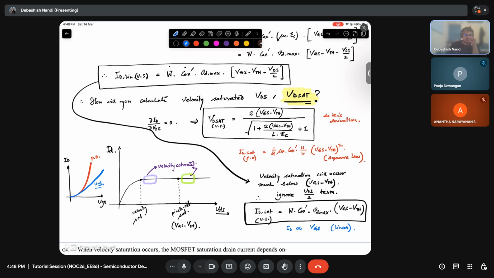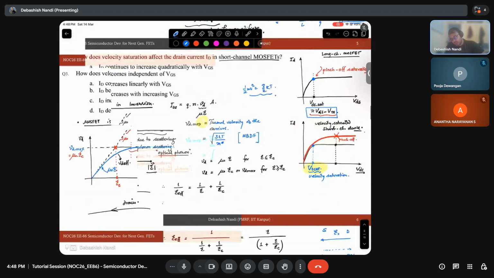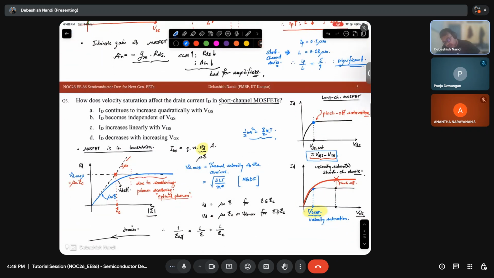Yes, sir. Fine. So after all this, how does the velocity saturated drain current ID behave in a short channel MOSFET? ID increases linearly with VGS. Okay.